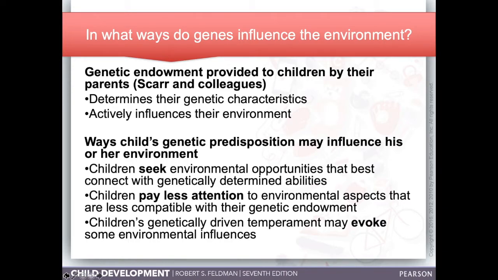And children's genetically driven temperament may evoke some environmental influences. So you'll see that the bold words in each one of those sentences kind of stand out a little bit: how they seek those opportunities, they pay less attention to environmental aspects, and evoke some environmental influences. At least their temperament does.